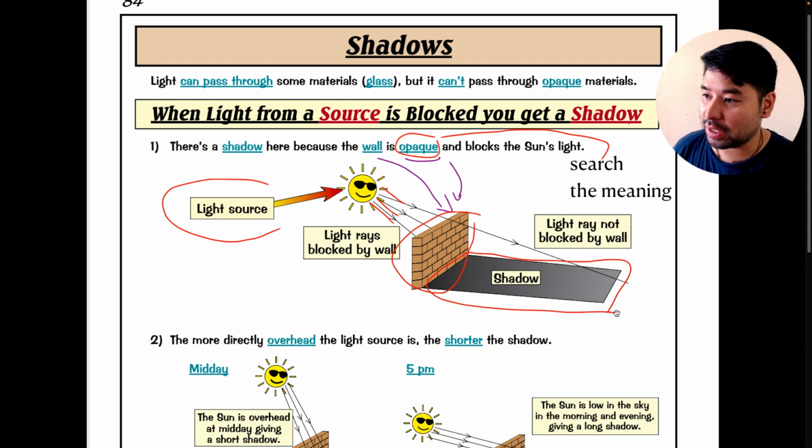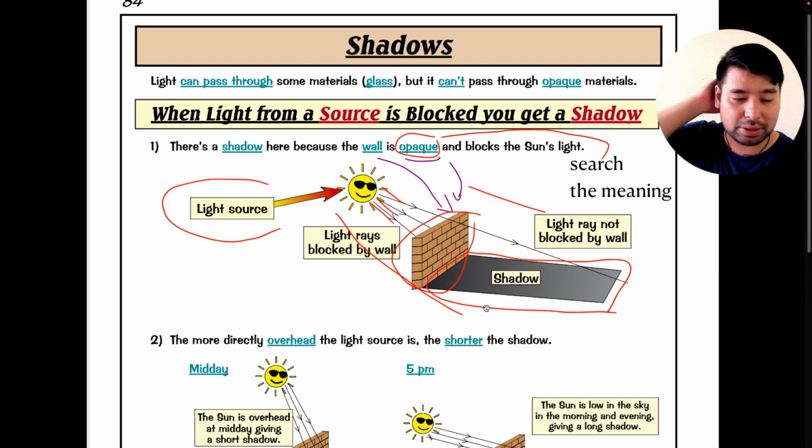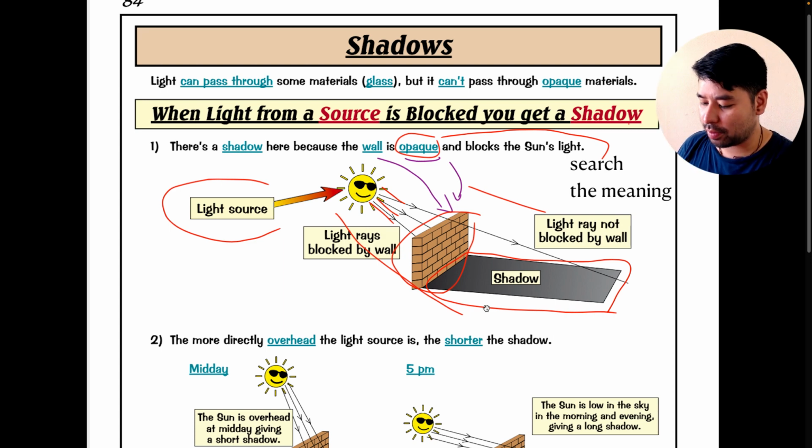Easy, right? And light ray not blocked by the wall. In the space where we have no wall, like here, we have no shadow because the light ray is not being blocked by the wall. That's the definition of shadow. No big secret about that.